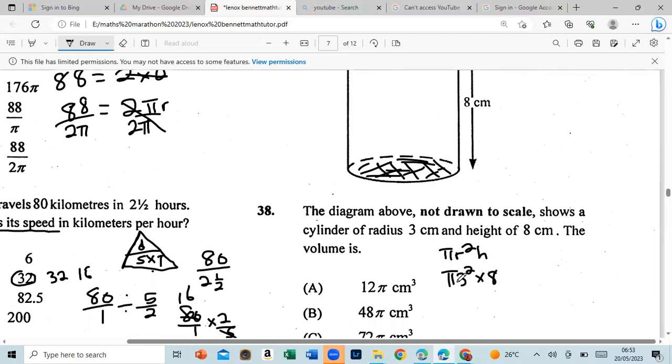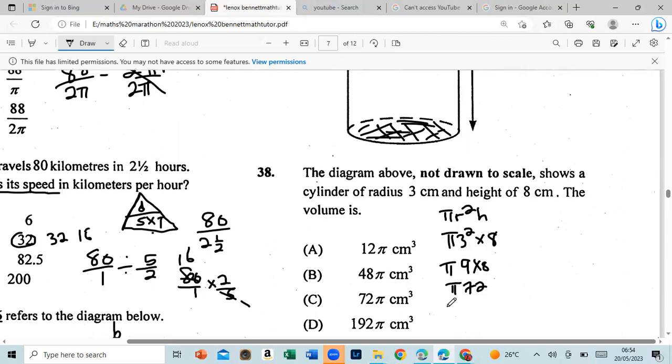Alright, so 3 squared means 3 times 3, which is 9. 9 times 8, that's 72. So that's pi times 72. Well, they put the number at the front, it doesn't matter. Let's see if you see the option there. We can rewrite it as 72 pi.